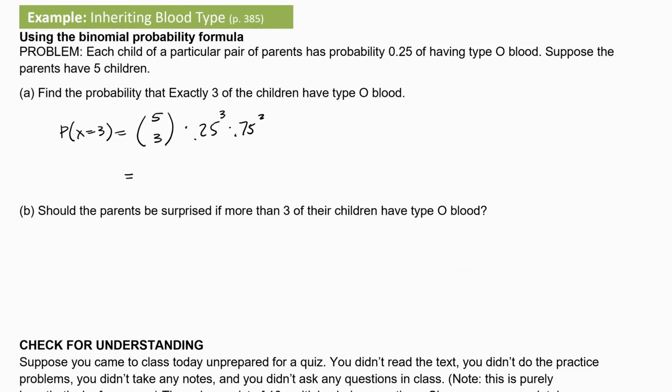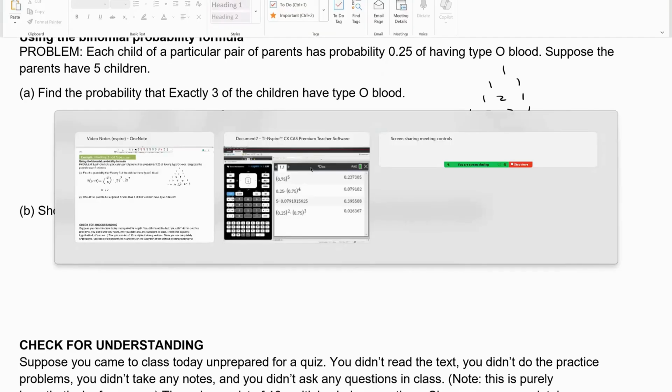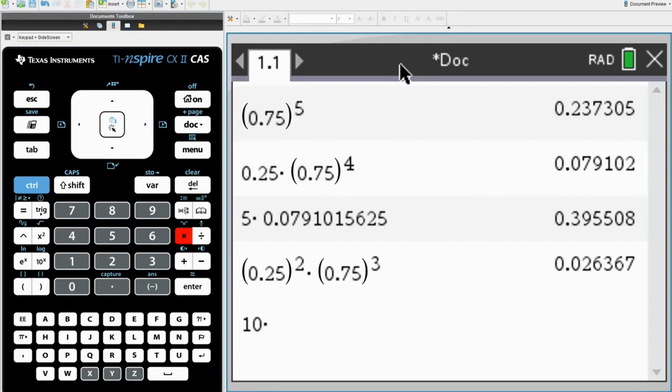And I think you saw from Pascal's triangle that this 5 choose 3 is the actual number 10. So 10 times 0.25 cubed times 0.75 squared.